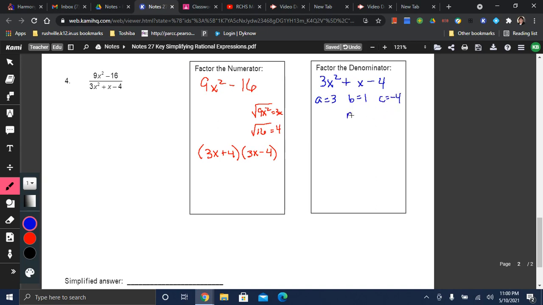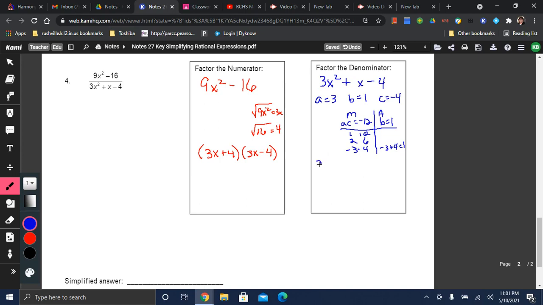And so we could look to see what multiplies to AC, which is -12, what adds to give us B, which is 1. And so for 12, we have 1 and 12, 2 and 6, 3 and 4. If we make the 4 positive and the 3 negative, then we'll get the factors that we need.